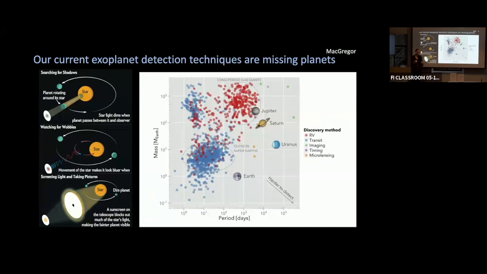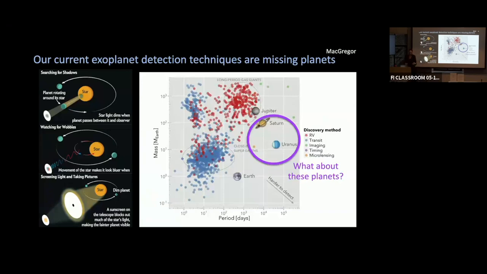So you're limited by how long you've been staring at any one given star. This part of the plot, where things like Uranus, Neptune, and Saturn lie, is an open region, because we haven't even known about exoplanets long enough to have watched Neptune orbit the sun twice.